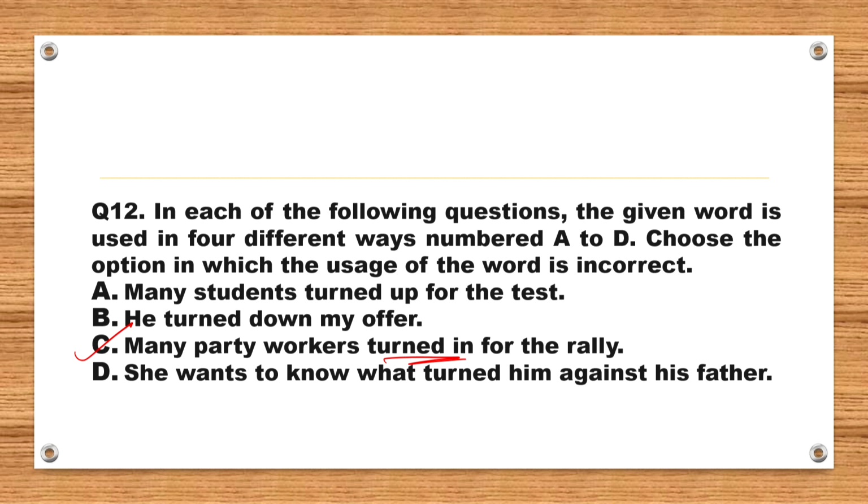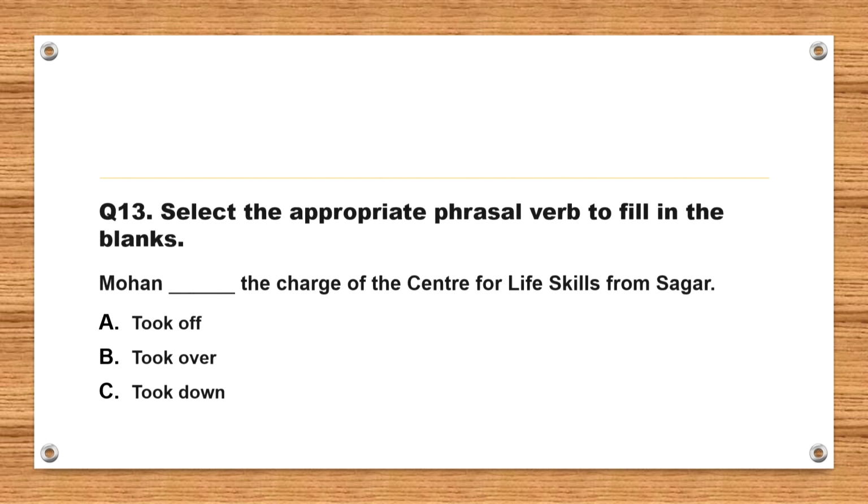Therefore, replace turned in with turn out. Turn out means to come to a meeting or to assemble for some event. Hence, a correct sentence should be many party workers turned out for the rally. So, is it clear? Now, moving on.